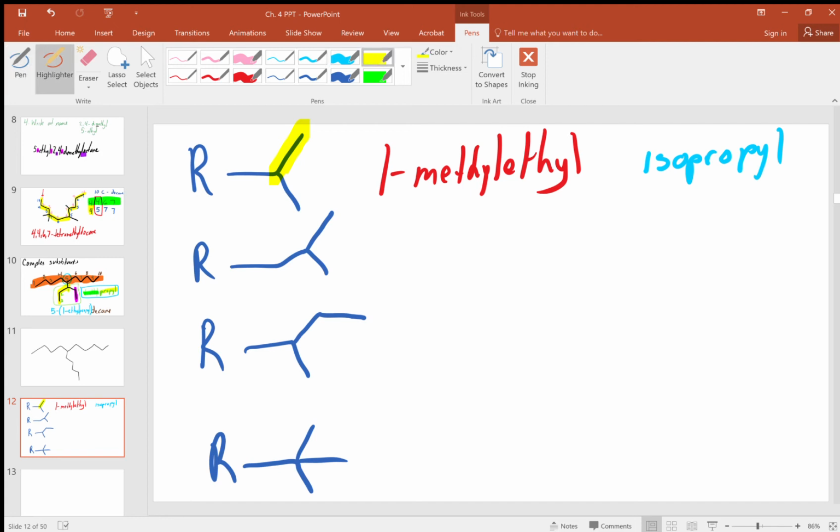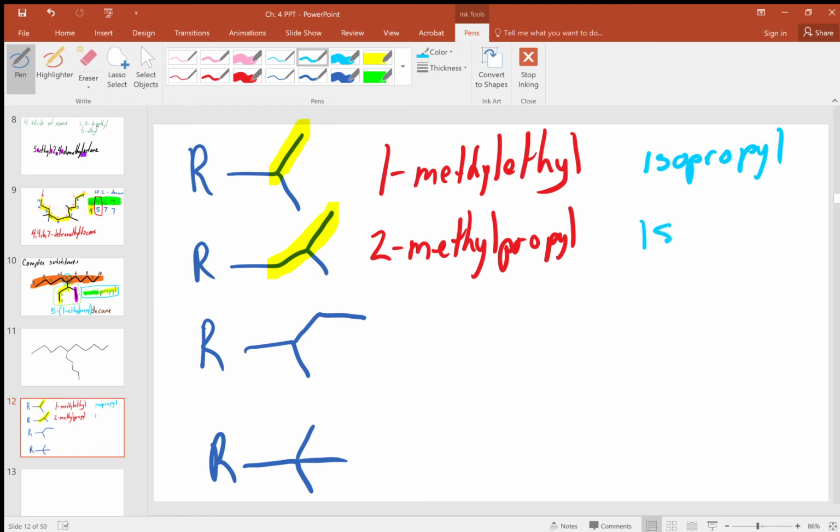Now, if we look at this first one, our longest chain is 3 carbons, which means we have propyl. On the second carbon, we have a methyl group. So this is 2-methylpropyl, or it can be known by its common name, which is isobutyl.